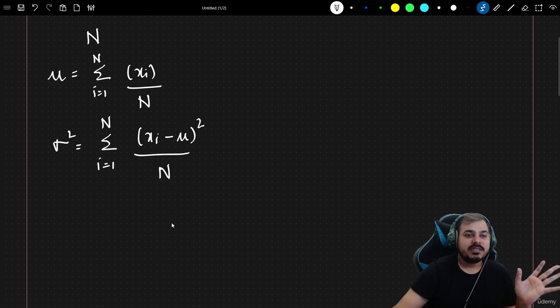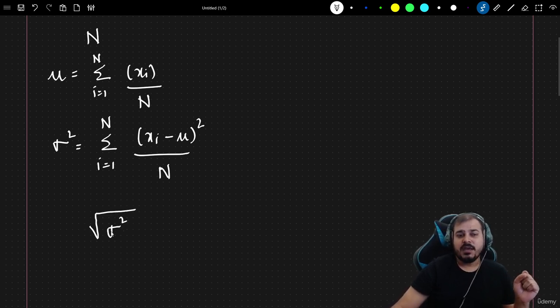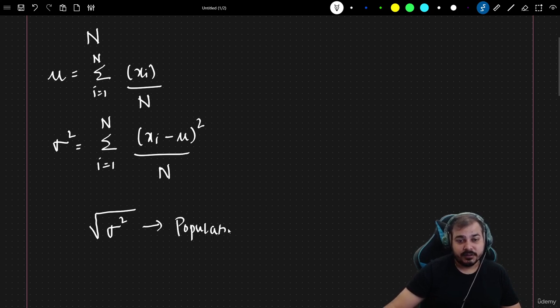If you want to calculate standard deviation, you just have to find the root of sigma square. That is the square root of the population variance, which will help you calculate the population standard deviation.